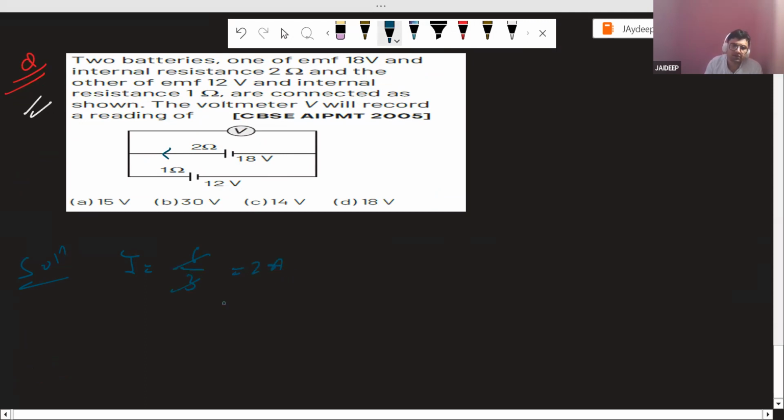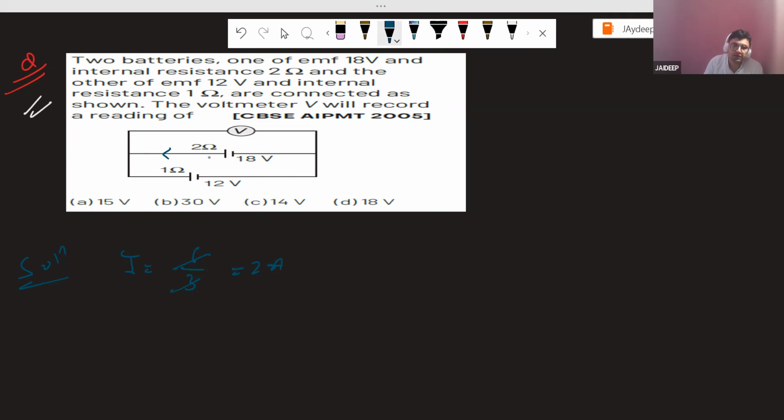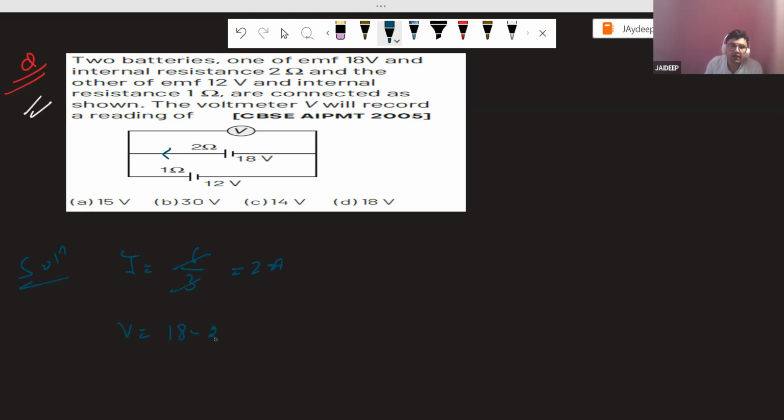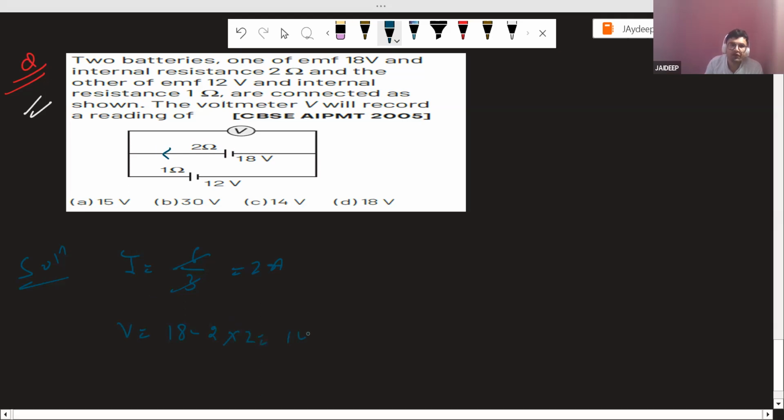All right. Now, if the current flows through this battery, it is discharging: 18 minus I into 2, that is 18 minus 2 into 2, which equals 14 volt.